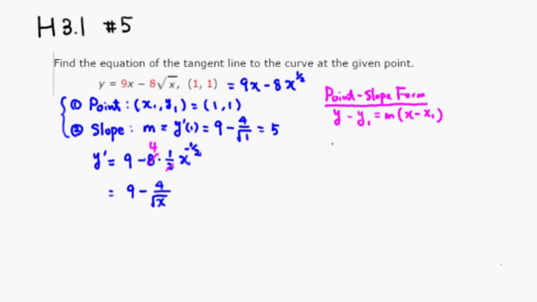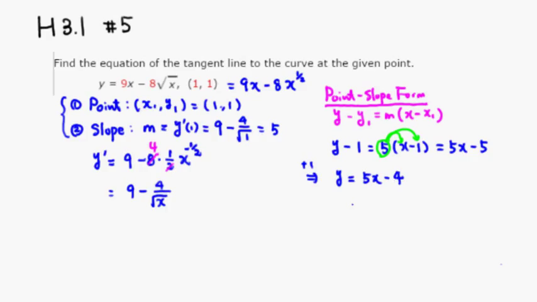So we get y minus 1 is equal to m, which is 5, times x minus x1, which is 1 as well. So I'm just going to distribute 5 to both terms. We have 5x minus 5. Then we can simply add 1 to both sides. So y is equal to 5x minus 5 plus 1, so it's minus 4.